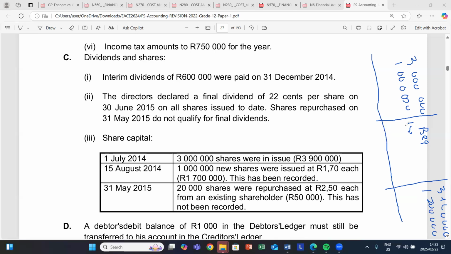Then we have repurchase. Therefore, it is 3,908,000.